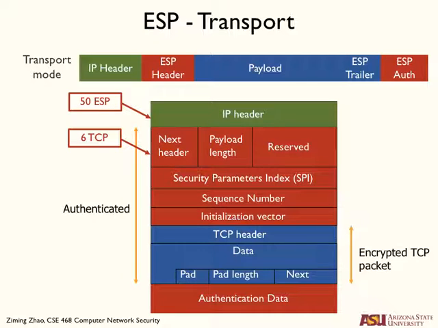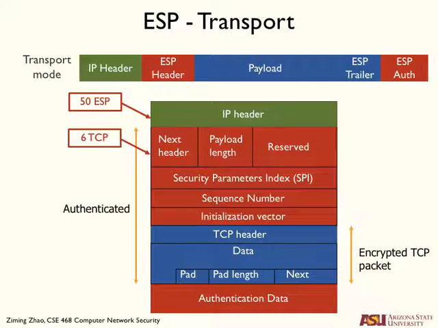And in ESP, we have the original transport mode. We have the changed IP header. In this case, the protocol field used to be TCP will be changed to 50, which is ESP. Then this ESP header will specify what is the payload protocol, and in this case it's TCP, and we still have the parameter index, sequence number, and also initialization vectors.